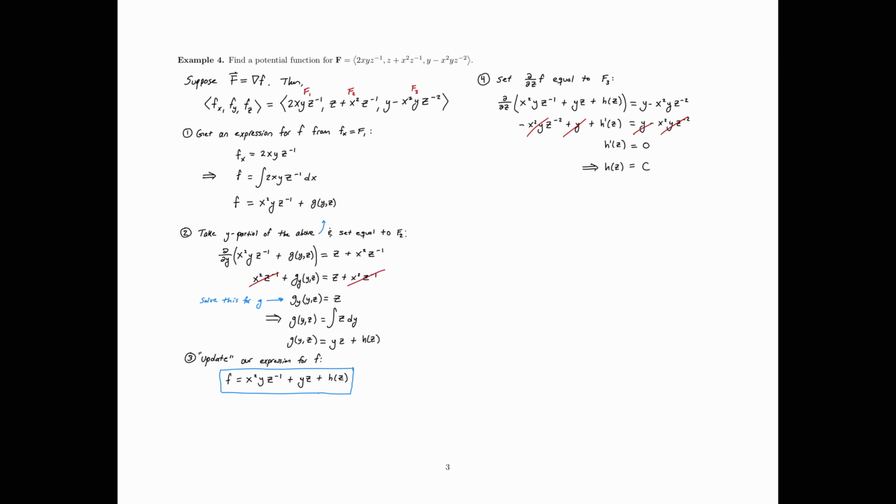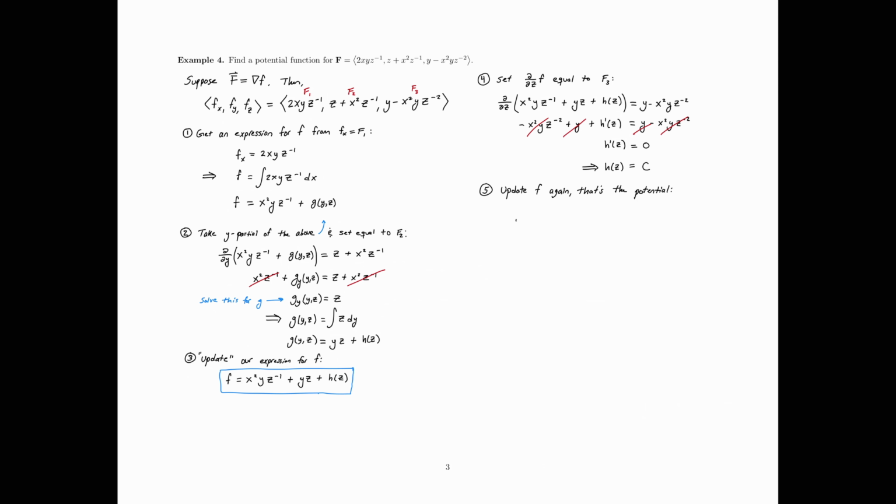All right, so then step 5 would be to write your potential function. So I guess we can say update f again. And that's the potential.